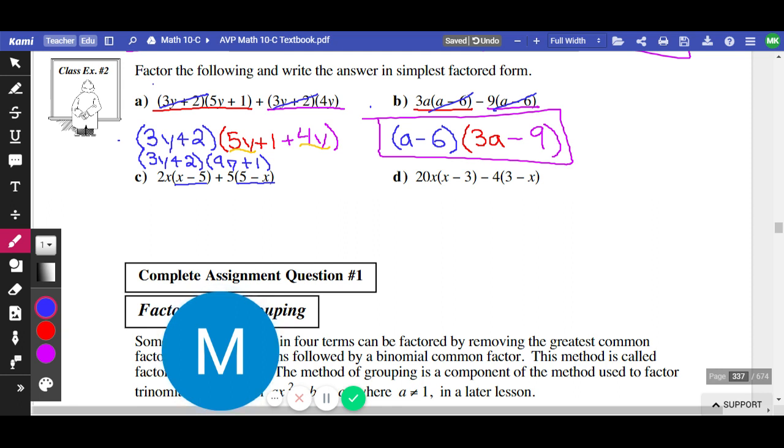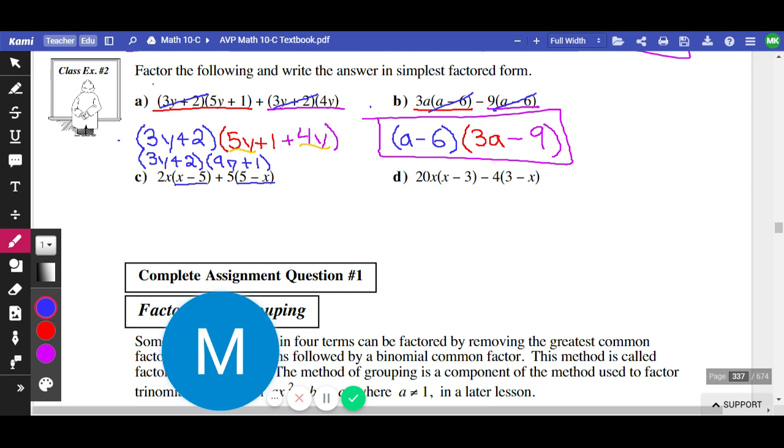So what we need to do is somehow take the second binomial and reverse it. If we could flip it completely and make it x minus 5, then we'd be set. The way you do that in math, the way you change the symbols to make it completely opposite, is you factor out a negative 1. It's the same thing as when you times by negative 1. You know how it changed all the symbols? Same idea.